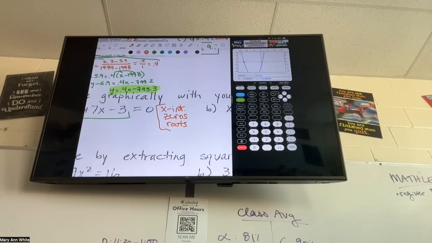My first 0 is at negative 7.4, just around one place after the decimal. And then second trace 0, left bound, right bound. Now it's 0.4.